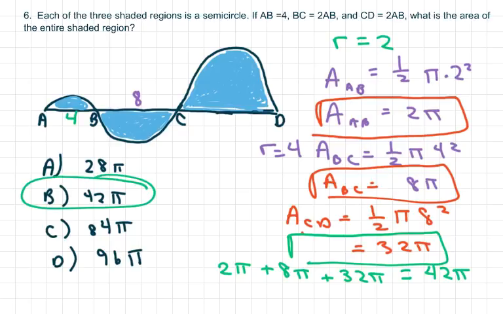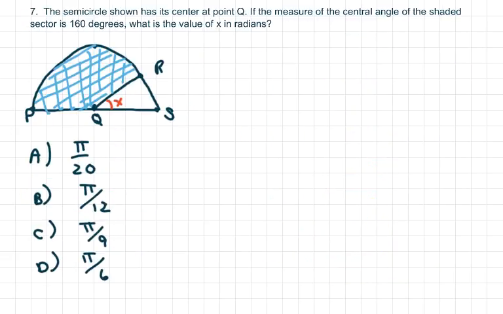Okay, and the last one, we have a semicircle shown at point Q, and the measure of the central angle of the shaded sector is 160 degrees. What is the value of x? So basically, a whole circle has 360 degrees, so a semicircle is 180.